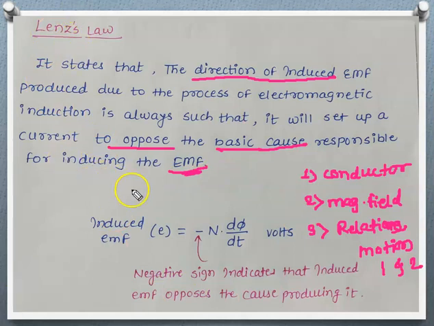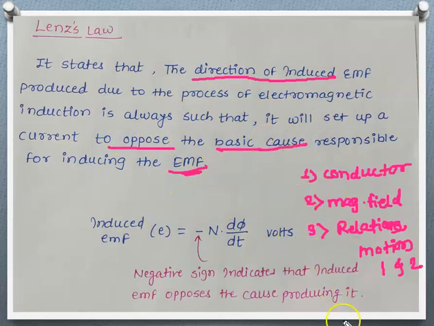Lenz's law obeys Newton's third law of motion, which states that every action in nature has an equal and opposite reaction. It also obeys the law of conservation of energy, which states that energy can neither be created nor destroyed. According to these, the direction of induced EMF will always be such that it sets up a current to oppose the basic cause responsible for its production.